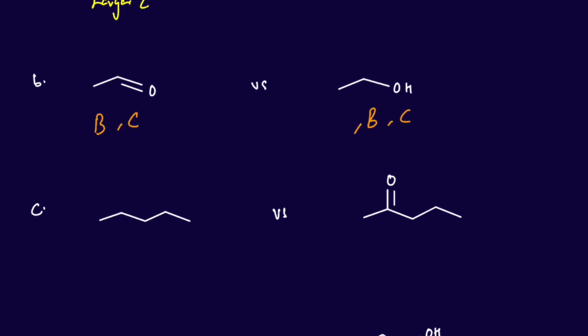But then you also see that this oxygen and hydrogen are directly connected with one another. So as a result, it will be able to make hydrogen bonds as well. So if you see hydrogen bond being made and dipole-dipole being made, then your dispersion forces are not that crucial in those cases, because you try to go for the strongest intermolecular forces when the molecules have roughly the same or similar sizes.